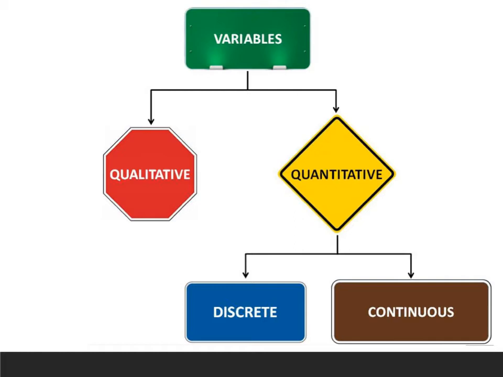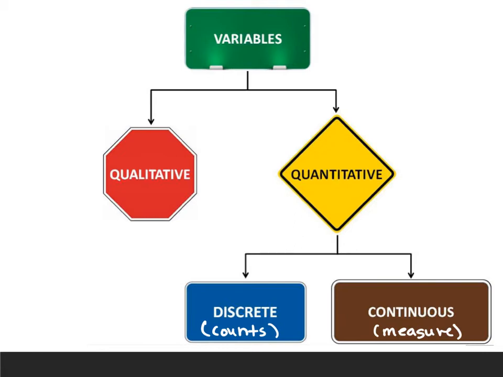And our discrete basically turns out to be our counts. So if we're counting something, it's discrete. And if we're continuous, then we're measuring. And that, in the end, is the basic difference between these two.